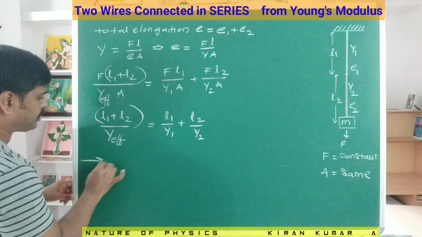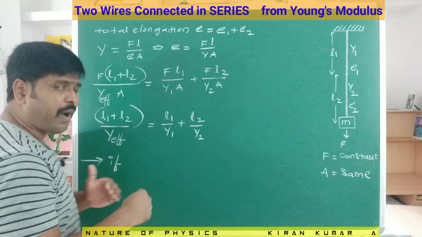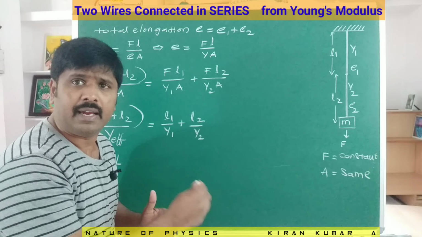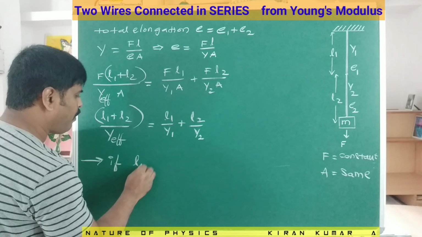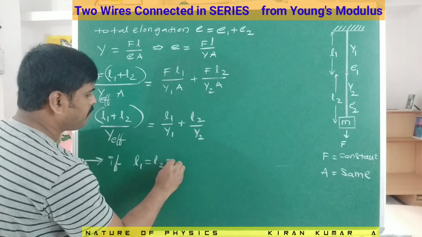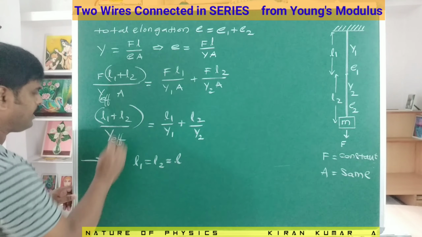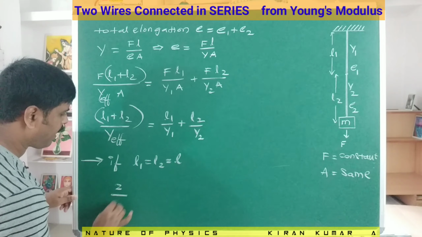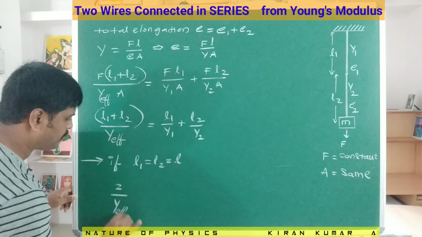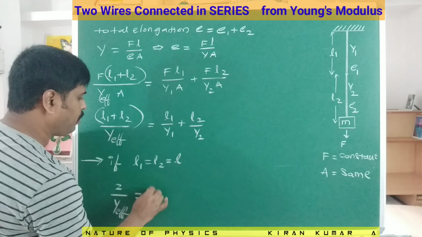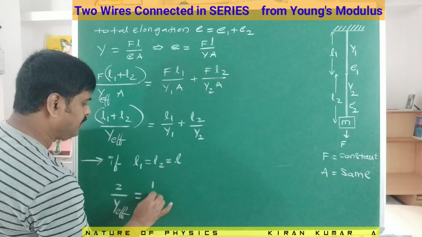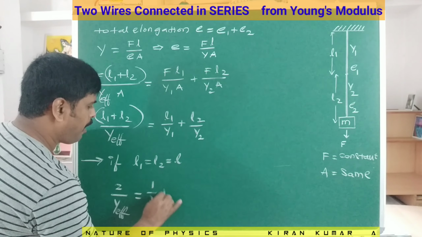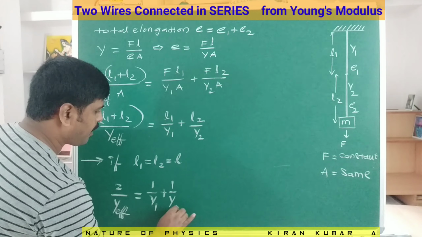In this equation, if the two wires have the same length, that is L1 equal to L2 equal to L, then the resultant equation is L plus L, that is 2L, divided by Y effective, equal to 1 divided by Y1 plus 1 divided by Y2.